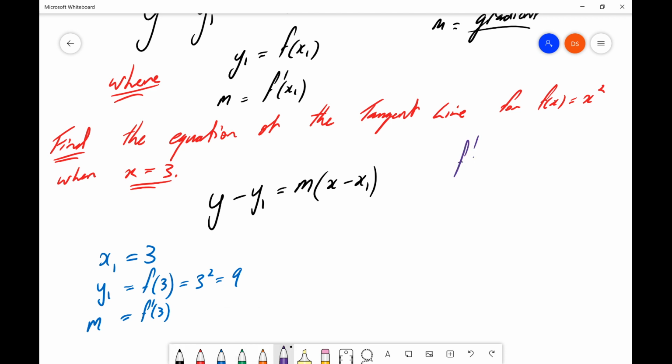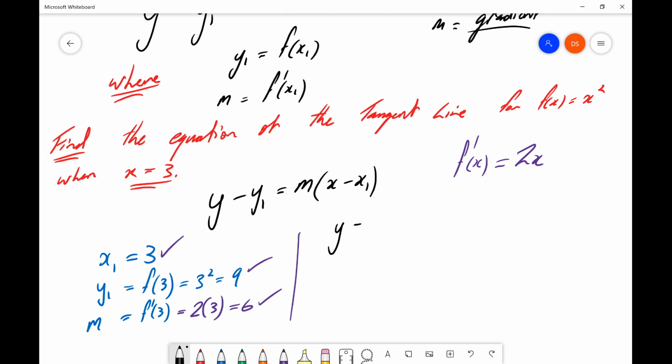F dash of x. You guys should know how to do that. It's 2x. And so here we have 2 times 3, which is 6. Okay? 1 unknown, 2 unknowns, 3 unknowns. Let's plug them in and see what we get.